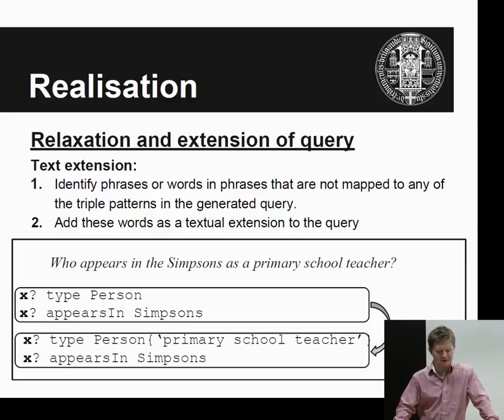Like here, who appears in Simpsons as a primary school teacher? X type person, X appears in Simpsons, and the information primary school teacher wasn't mapped or used anywhere, so it will be used as textual extension here.